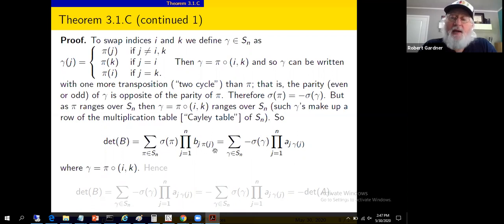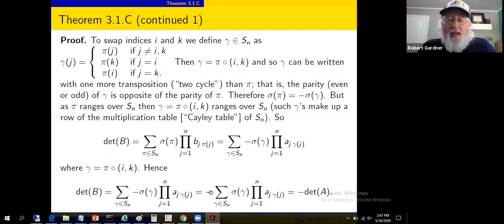I've replaced the pi of j with the gamma of j over here. So these are just substitutions in what we've done. Then the determinant of B can be computed as given here. We've got that negative. We can bring that out front. And what's left is the sum over all permutations, sigma of those permutations, product from 1 to n, a sub j, permutation of j. This without the negative sign is exactly the determinant of matrix A.